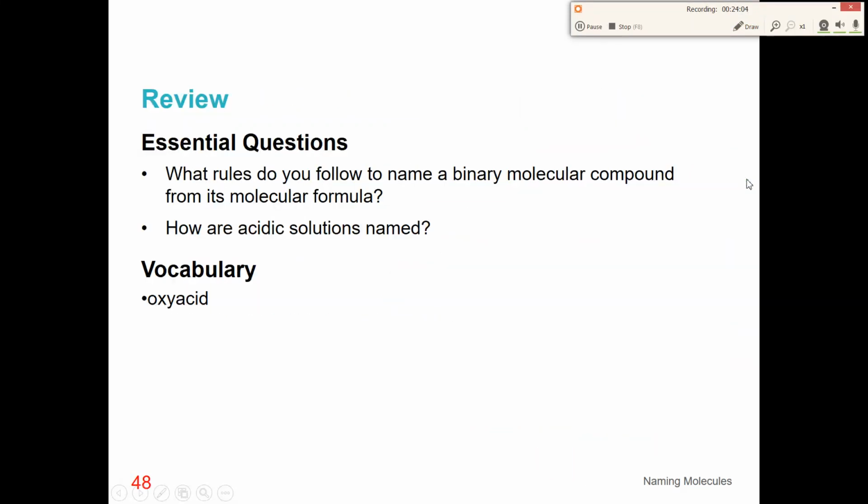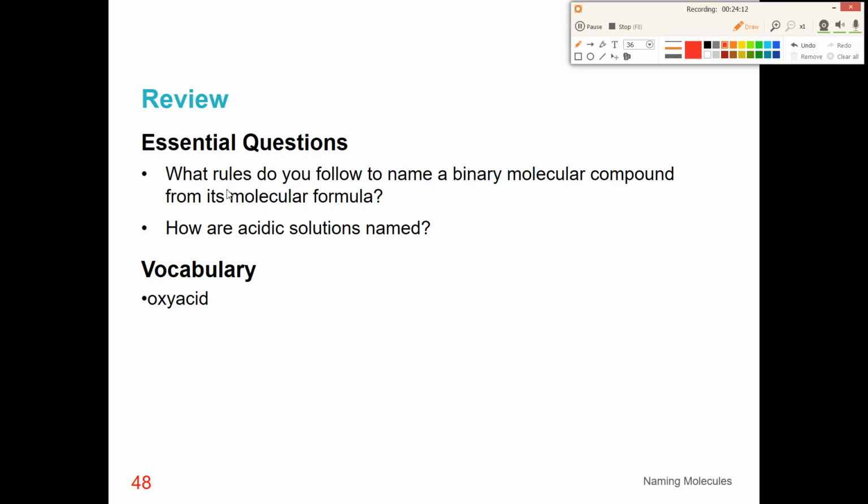Right, so that's all for section 2 about how to name ionic and covalent compounds. We talked about the rules for naming binary compounds from the formula, and how to name acids. For a binary compound, like NO2, you use identifying numbers with the element names. For the second element, you change the ending to IDE.